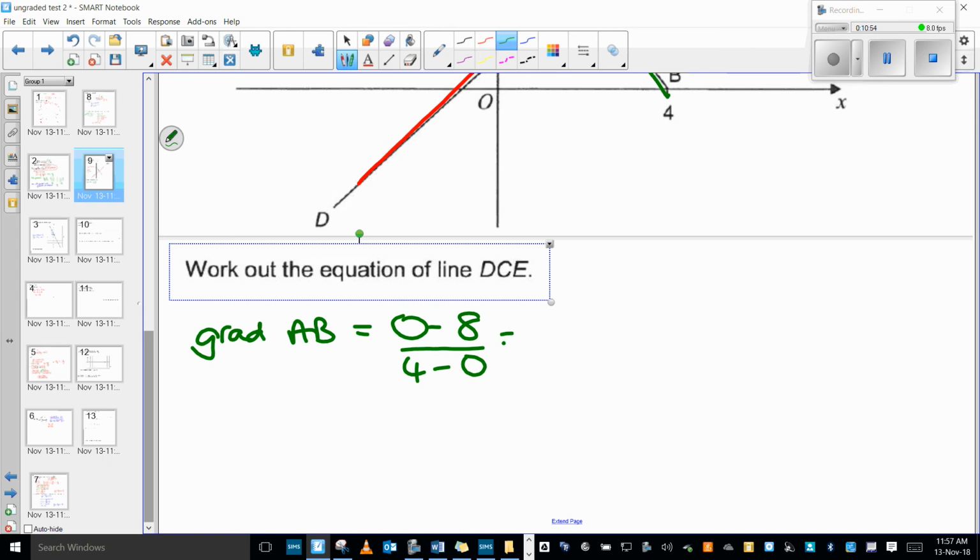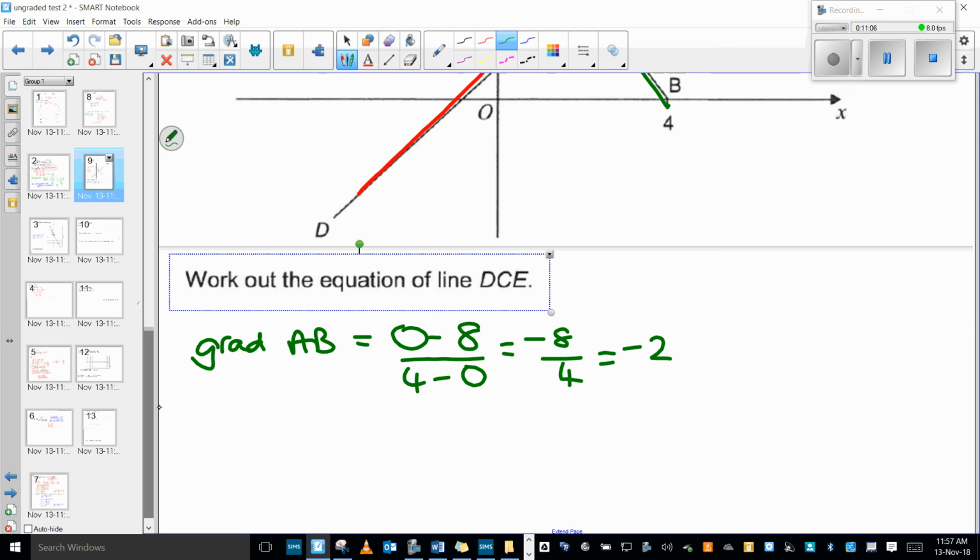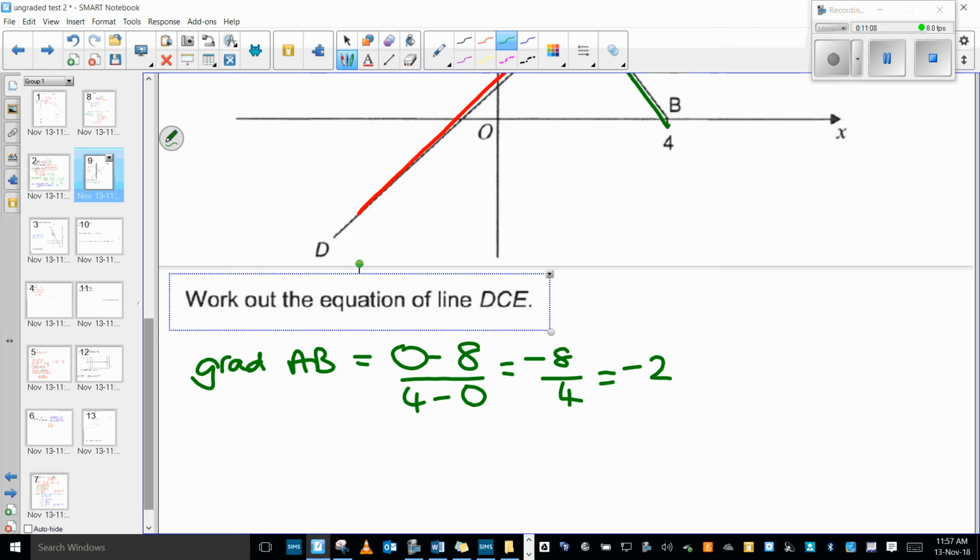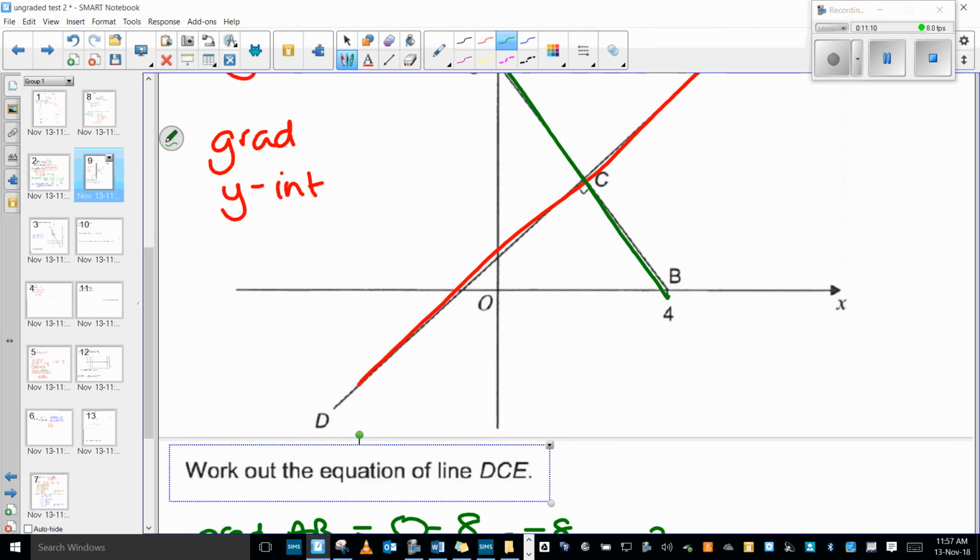So 0 subtract 8 is negative 8, 4 subtract 0 is 4, negative 8 divided by 4 is negative 2. Whenever you're doing stuff like this, I would suggest you always have a look at that answer, negative 2. Does that look right? Well, it looks good because we know it's negative sloping and we've got a negative value. So just double check those things before you carry on.